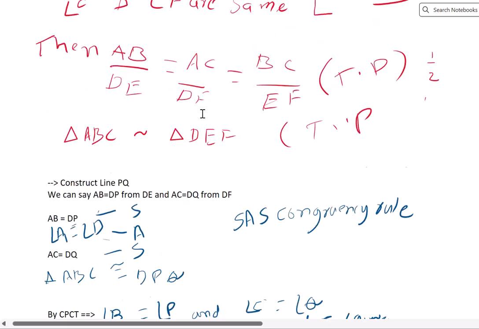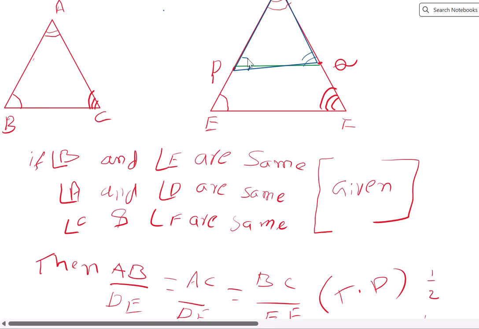So now go back to the picture, and we are saying angle P and angle E are equal, angle Q and angle F are equal. So because these two angles are equal, we can say PQ and EF are parallel.